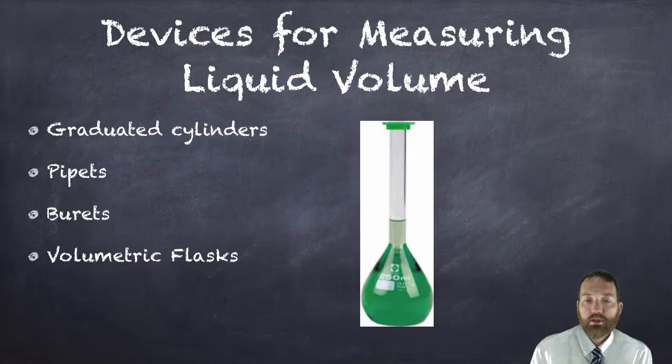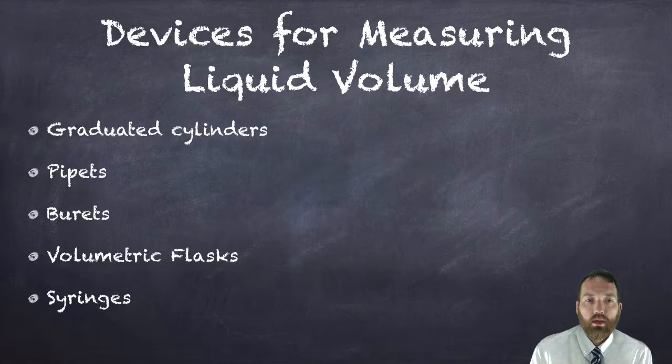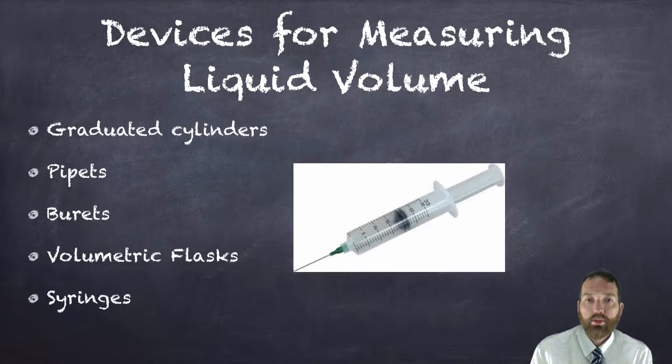You can use a volumetric flask. These are typically used for measuring specific amounts of a sample and preparing solutions. And then we have the syringe. Most people don't think about this, but it's designed to administer specific amounts of liquid.